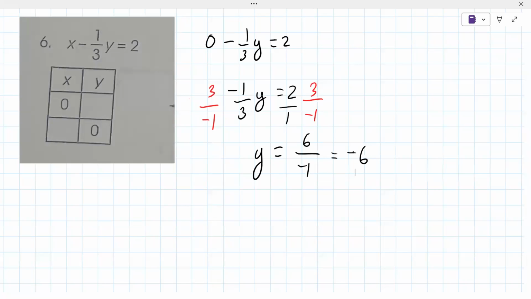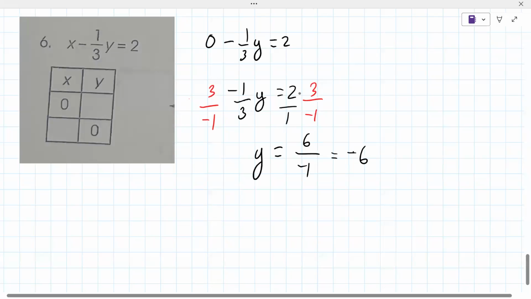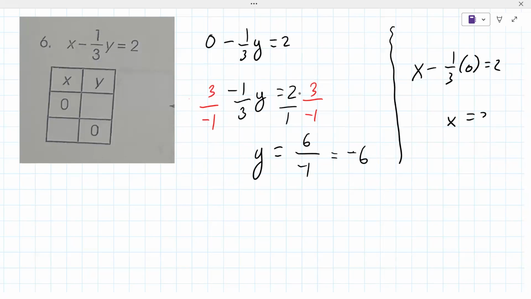Any questions on that? Thoughts on that? No. All right, so for the one here, it's x is 1/3 times 0 equals 2. x equals 2. So could you do a quick sketch of that for us, please? Okay.